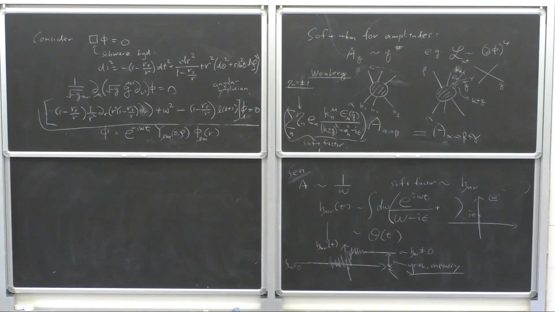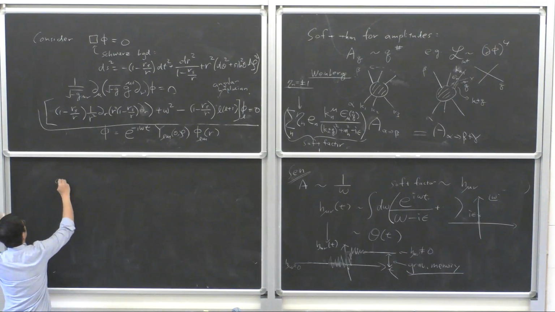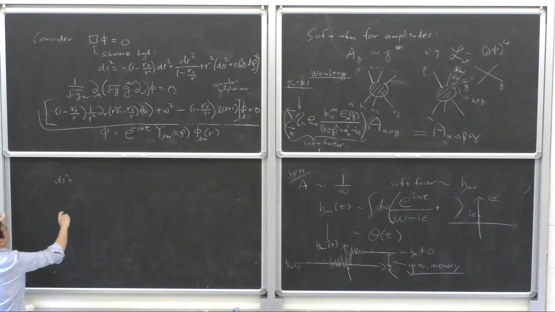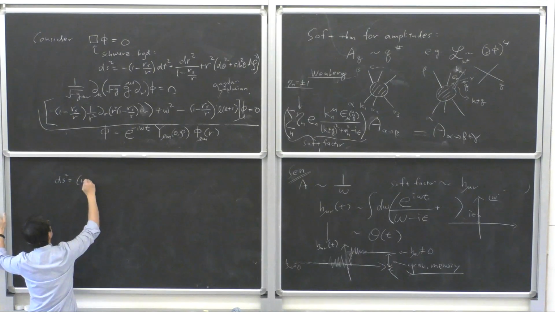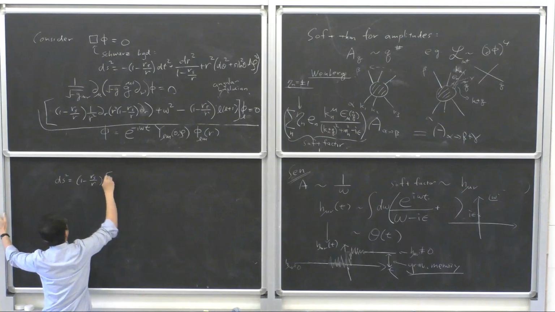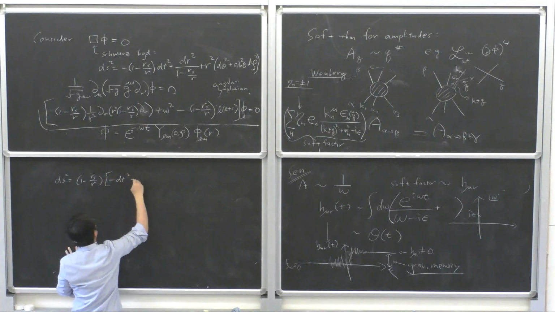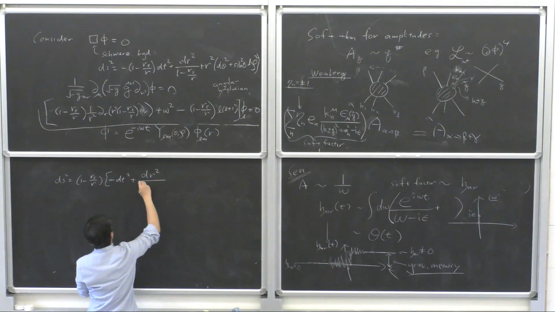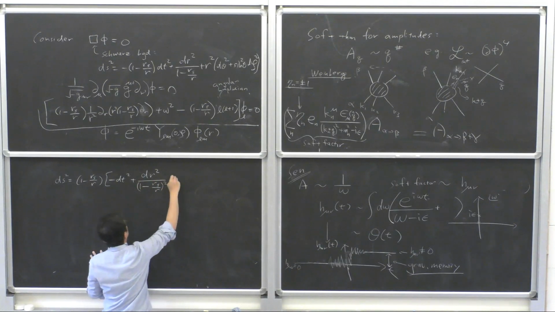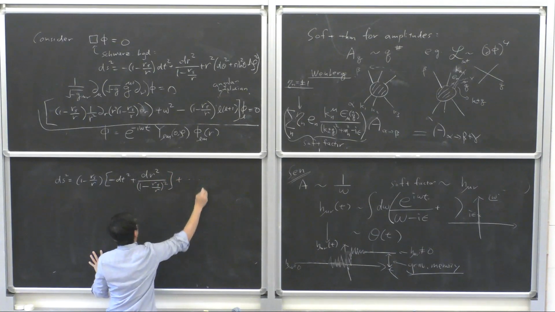Okay, so it turns out there's a very useful radial coordinate that you can define that can make this equation simpler, and it's called the tortoise coordinate. So if you look at the spatial part of the metric, the non-angular part of the metric, you have basically this overall factor: minus dt squared plus dr squared over (1 minus rs over r), plus the angular part, which I'm not going to write down.